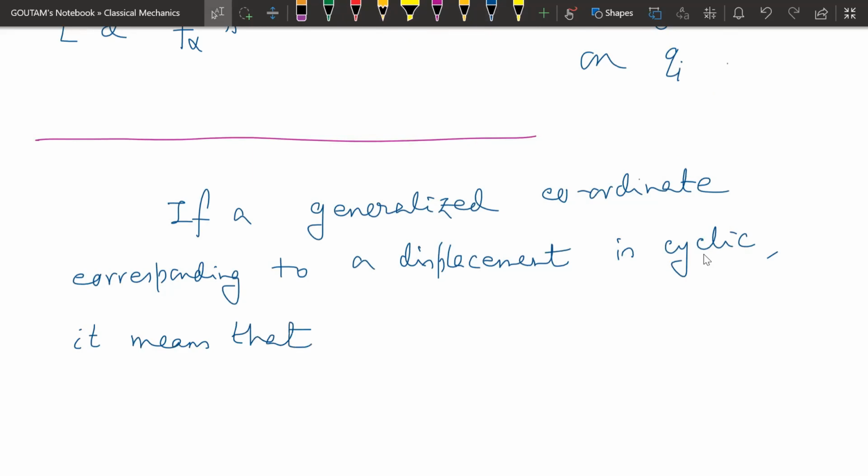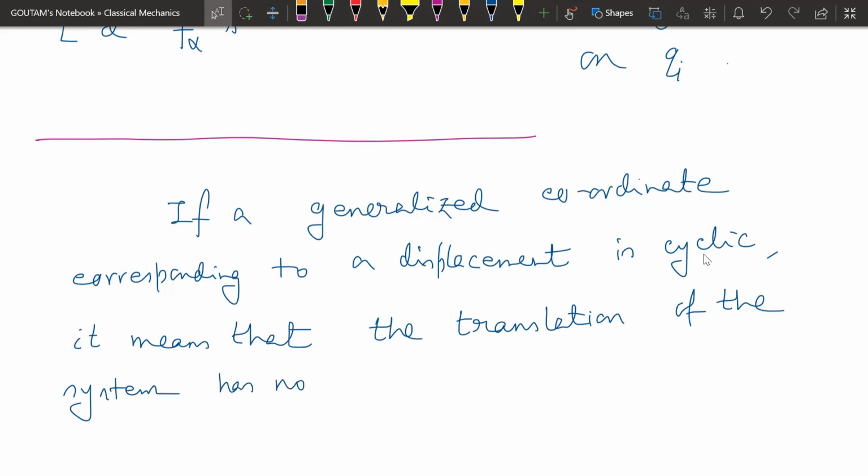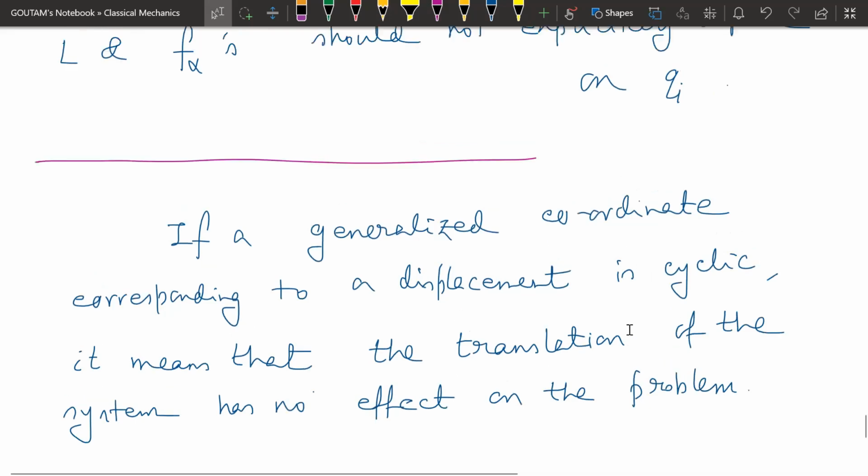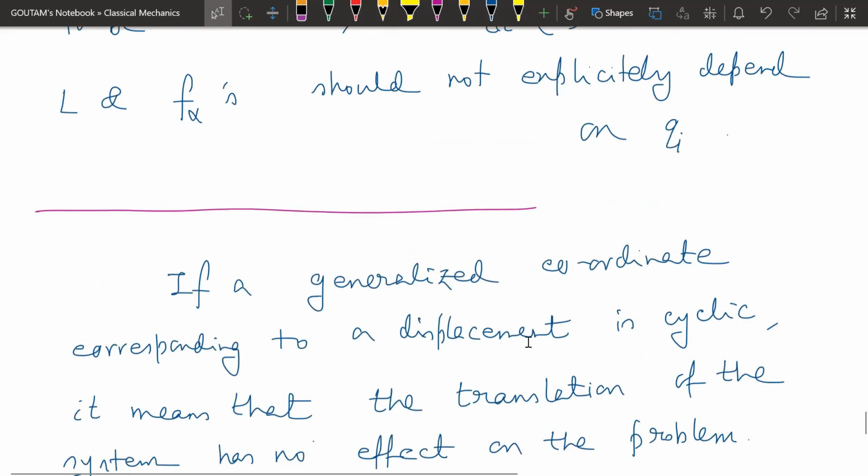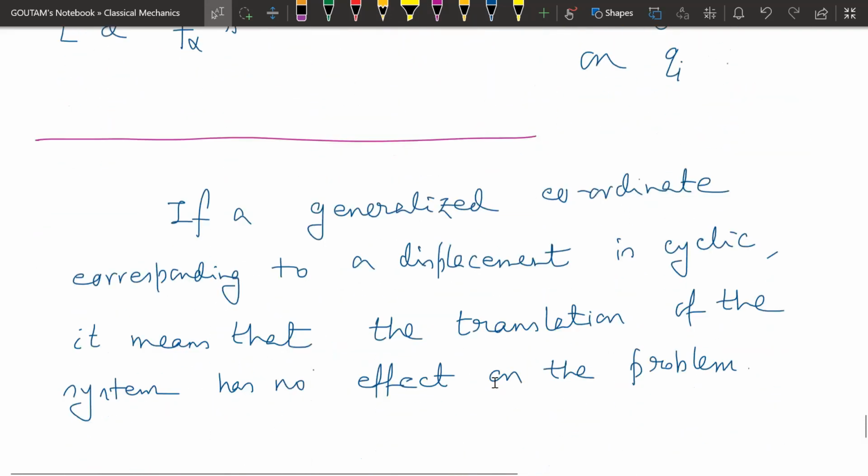It means that the translation of the system has no effect on the problem. So if we change that coordinate, as it is not explicitly present in the Lagrangian, the motion of the system will not get affected by that.